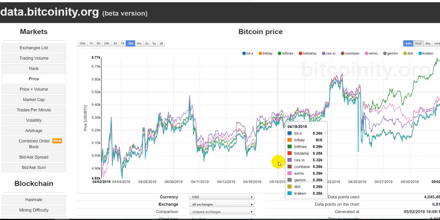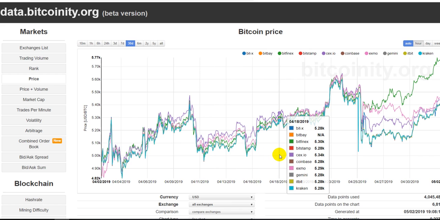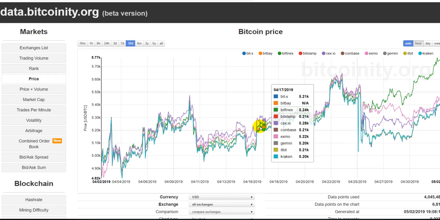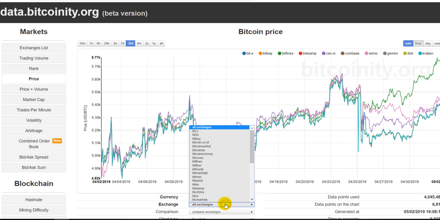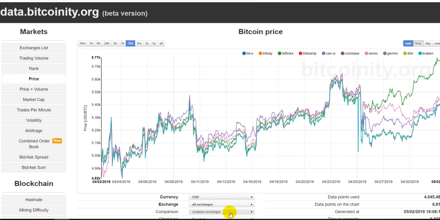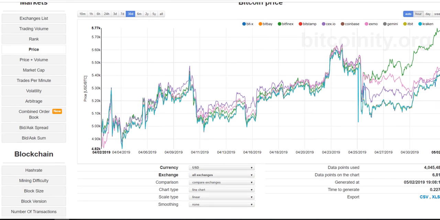Here you can see the price of all the exchanges. Or of course you can select a specific one. Here they have many more. I don't know why there haven't been more in the first image, but anyway, you have some other possibilities here.